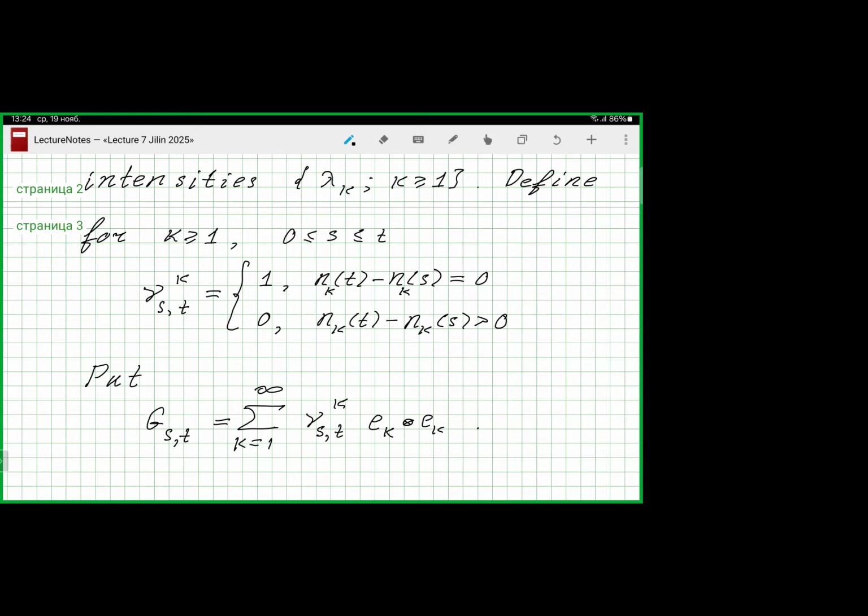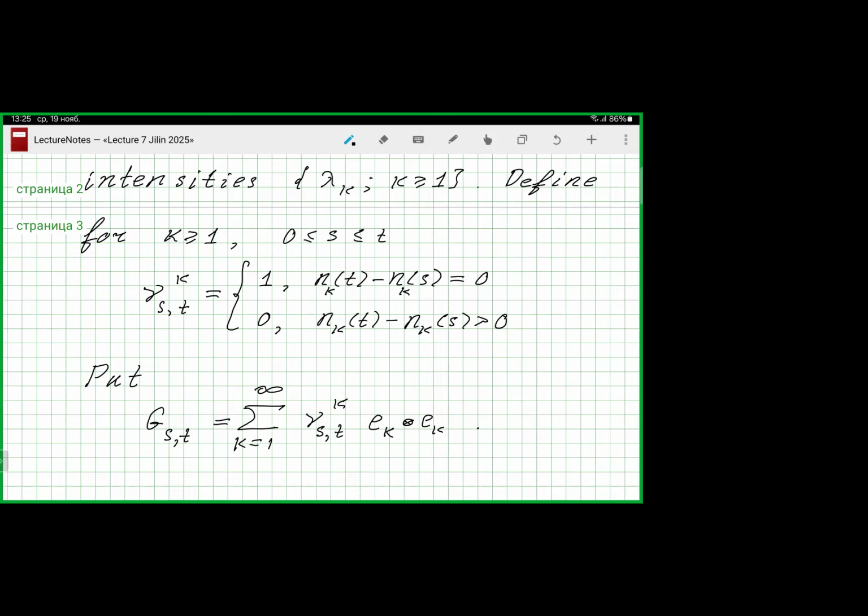And our semigroup is constructed as follows. At any time interval s,t, we just kill such coordinates for which a random event from the corresponding flow occurs in the time interval s,t, and it does not matter how many. If one occurs, it is enough. These are killing events. So if we have just one, then we kill this coordinate.